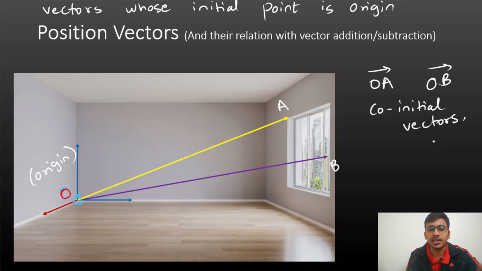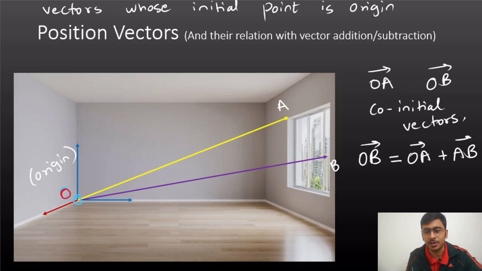So what is the relationship between co-initial position vectors and vector addition, vector subtraction? Well, it is intuitive that if I have to travel from O to B, there are lots and lots of ways, but there is also this one way where I can travel from O to B by first traveling O to A vector, then from A to B vector.